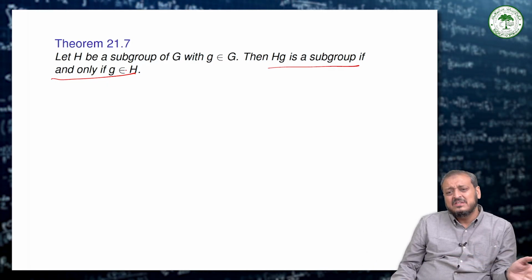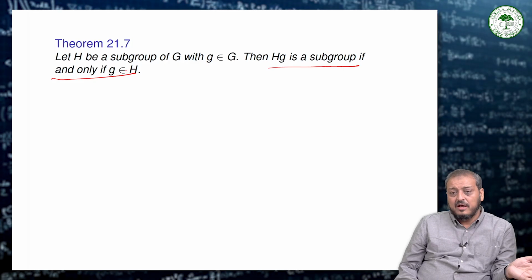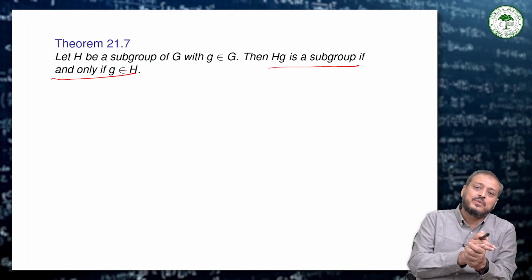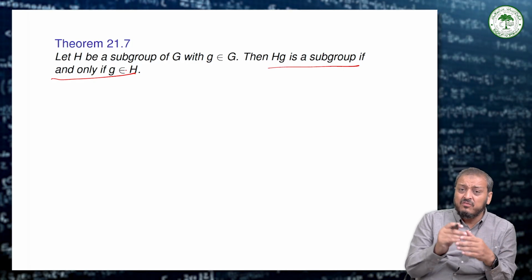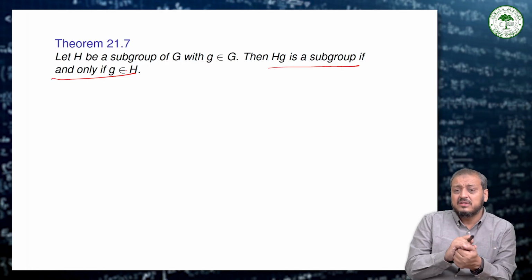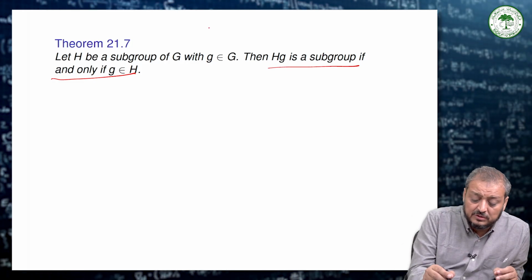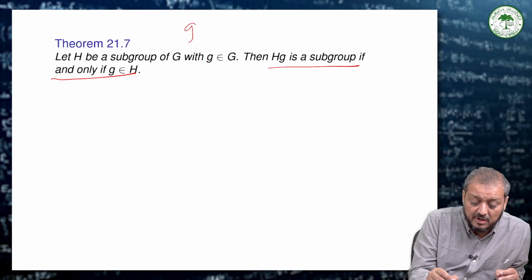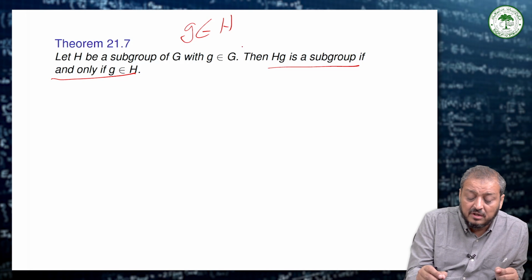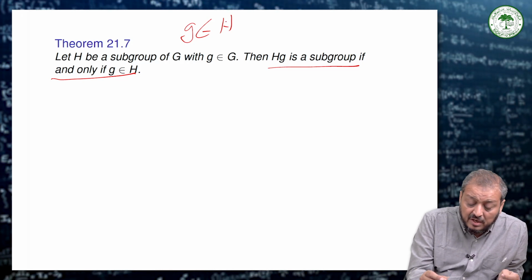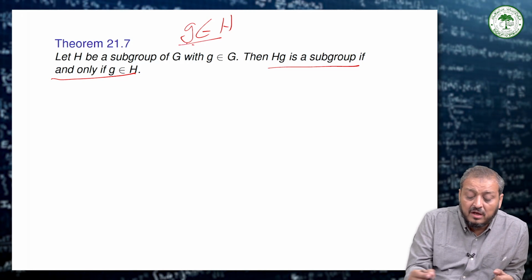If g is an element of H, then for Hg to be a subgroup we have to show that Hg is non-empty. So first we show that if g is an element of H, then g is an element of Hg.